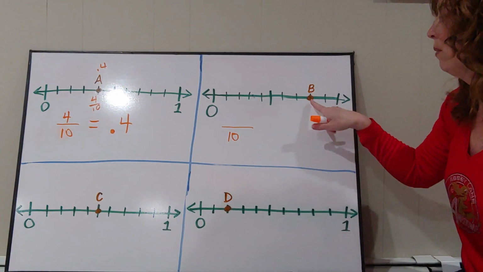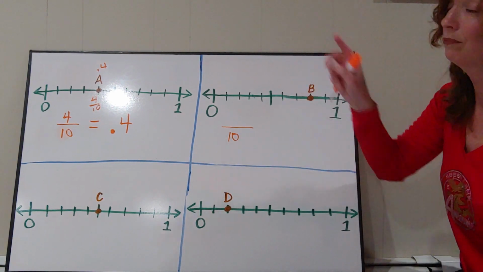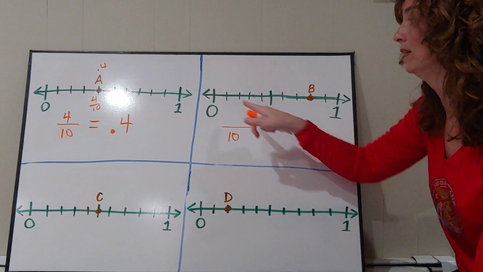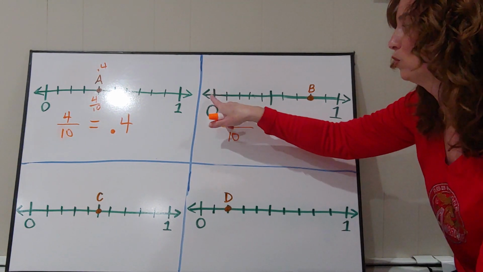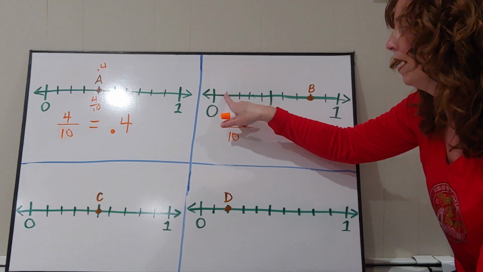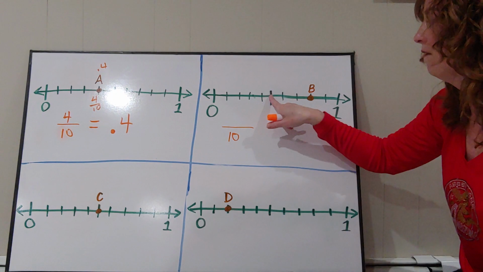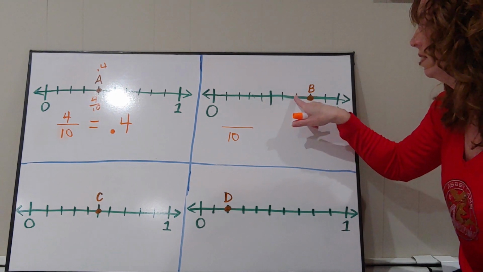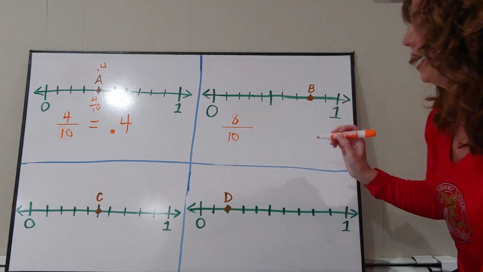And now we want to see what B represents. Where is B on this number line? So now we're going to count the lines. We're going to start at 0. We don't count 0. We're just starting there. And then we count 1, 2, 3, 4, 5, 6, 7, 8. So that would be 8 tenths.